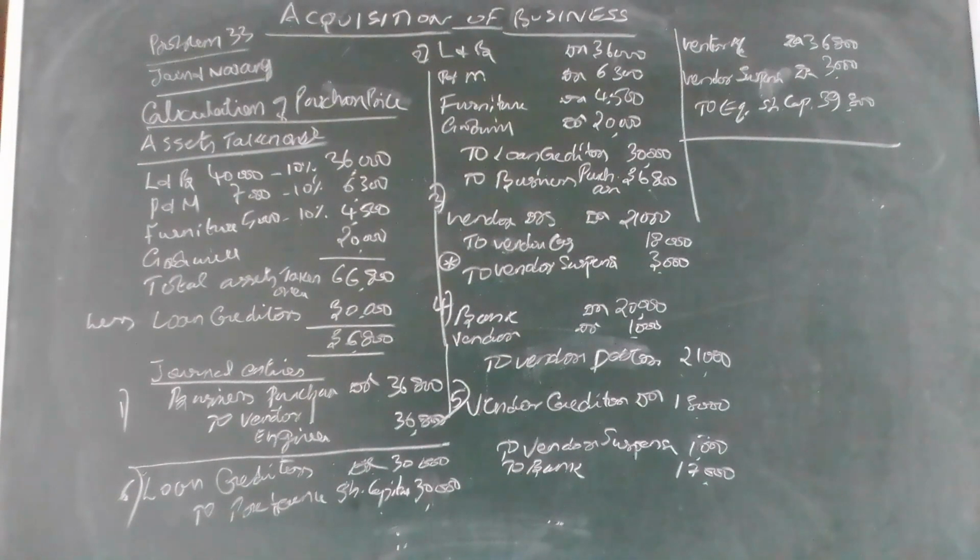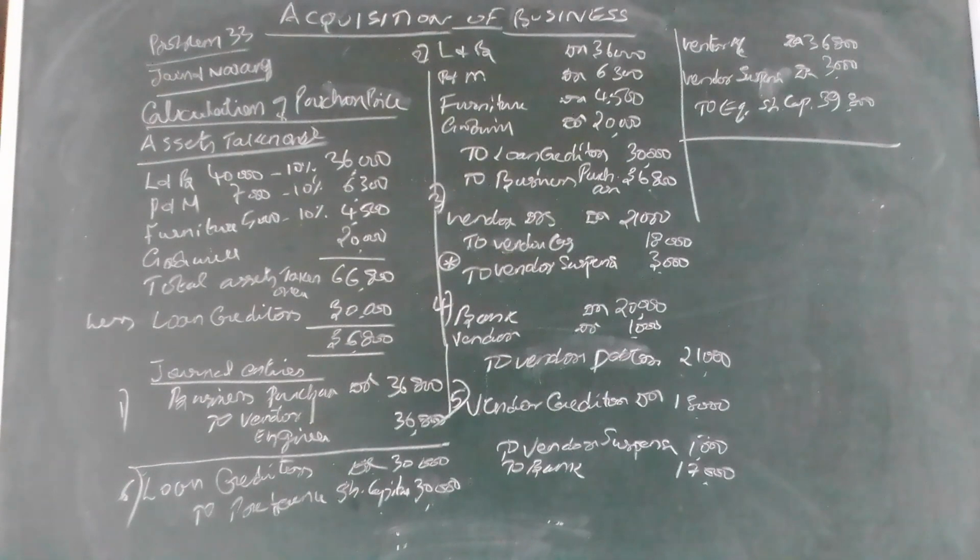Then next one, loan creditors. In the existing balance sheet, it is given as loan creditor. Two types of creditors we are having in this question: one is loan creditor and another one is trade creditor. That trade creditor we have taken for adjustment of a debtor and a creditor. This is loan creditor. How to discharge this loan creditor? We are given the point that loan creditor is discharged by way of preference shares.